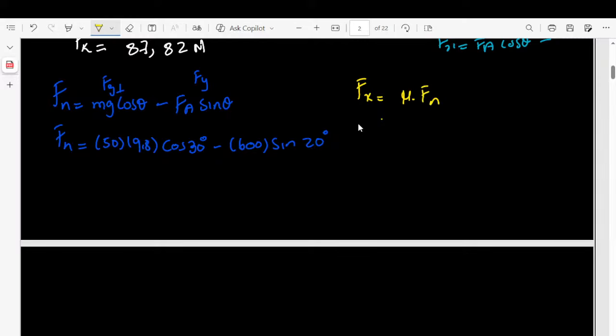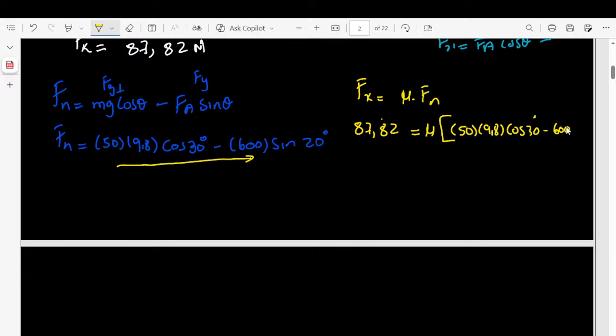So we calculated Fk to be 87.82. It's equal to the coefficient. Inside the bracket, I need to put everything down. I'm going to say this is 50 into 9.8, the cos of 30 degrees, minus 600 sine 20.